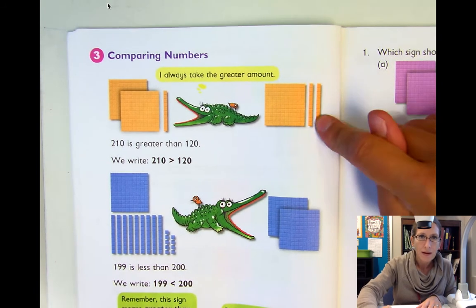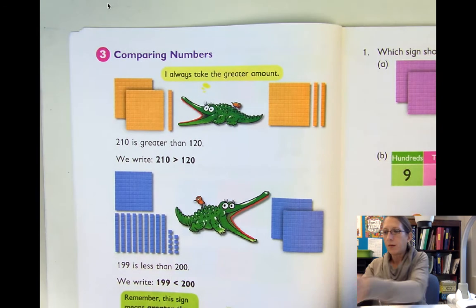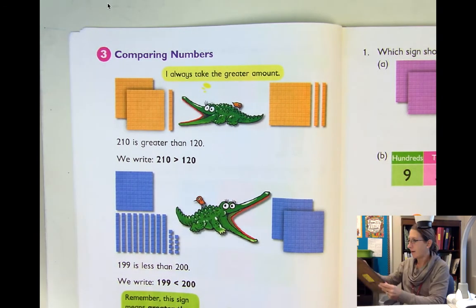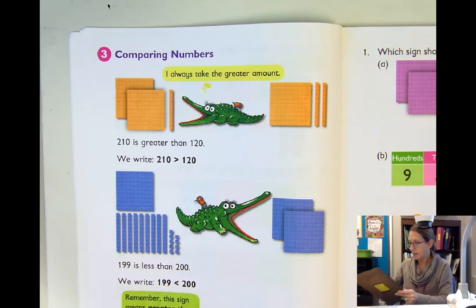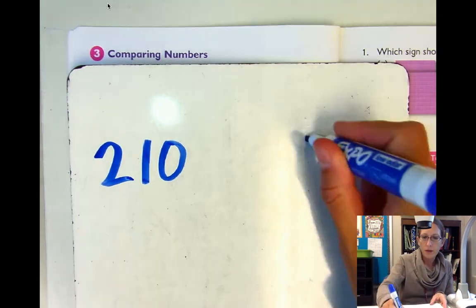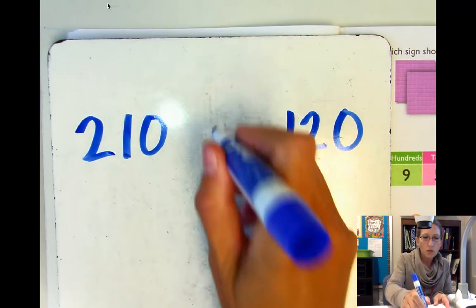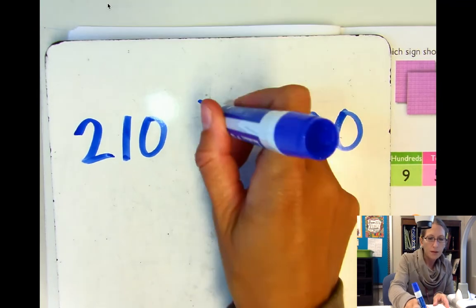120. And again, this alligator creature is saying, I always take the greater amount. So if we had 210 on one side, and on the other side they have 120, the alligator, the creature, always wants to eat the bigger one.